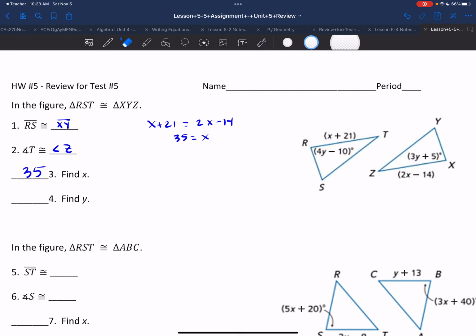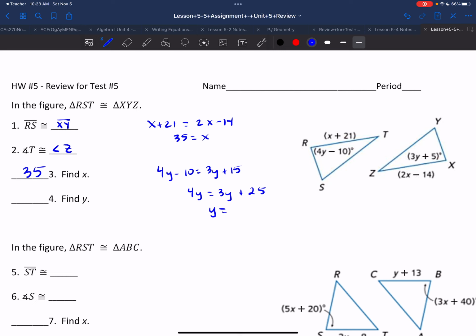So I have 4Y minus 10, which is equal to 3Y plus 15. If I add both sides by 10, I get 4Y equals 3Y plus 25, and if I subtract both sides by 3Y, I'm left with Y equals, wait, am I making a mistake here?